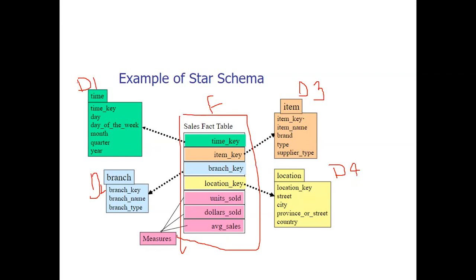So if you see this, each and every dimension has its own key. Item has item key, location has location key, branch has branch key, time has time key. All these are related to the sales fact table by using a primary key foreign key relationship, right?